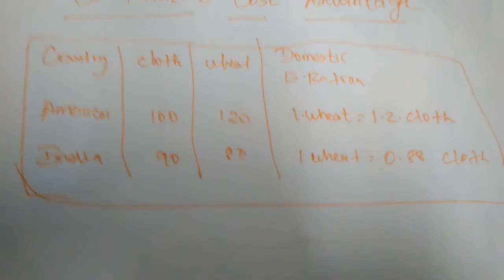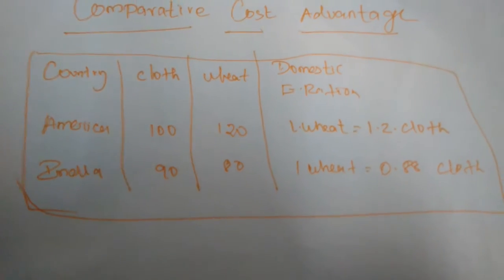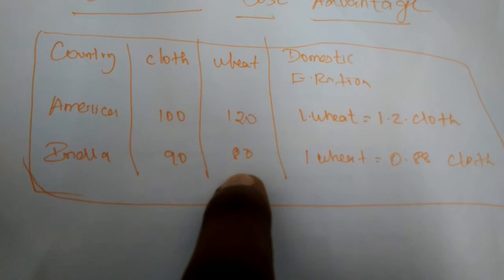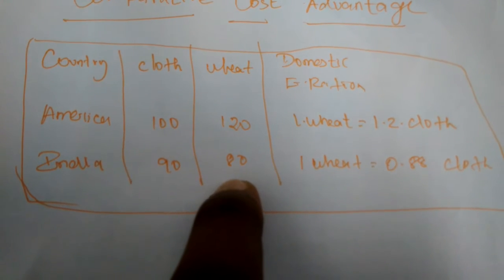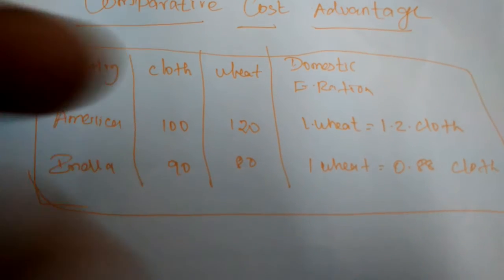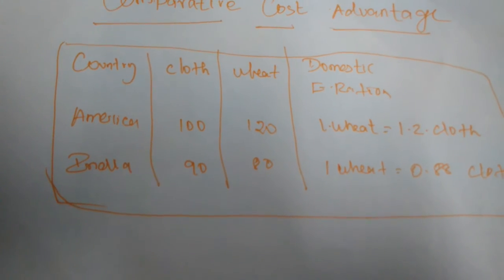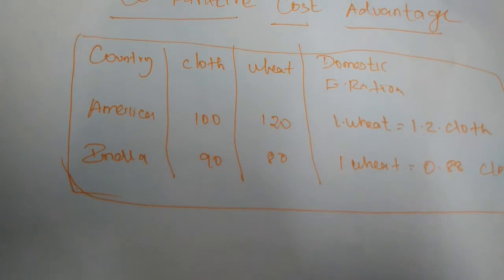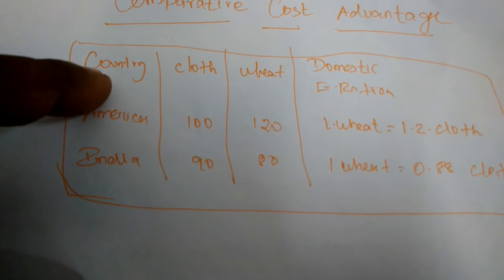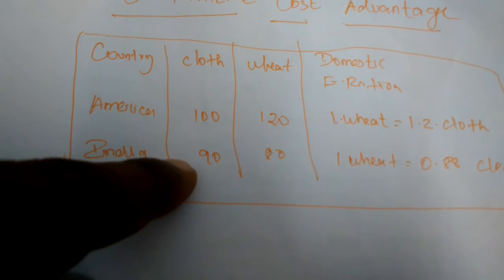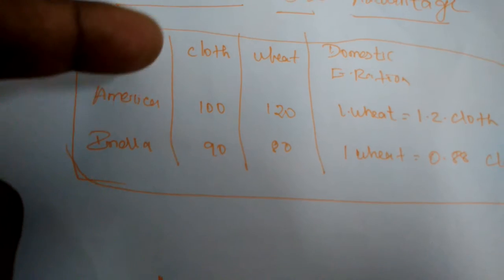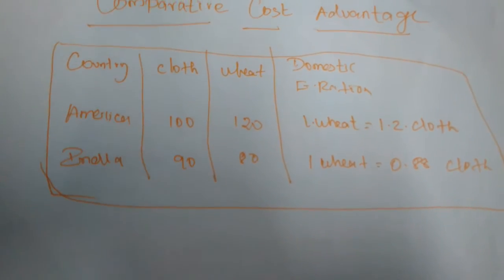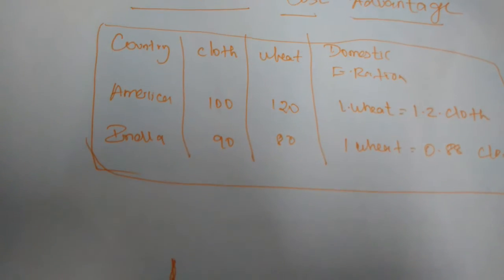It will produce more wheat and export it to America. Instead of producing cloth itself, India can import it from America, because we are comparing the cost advantage.